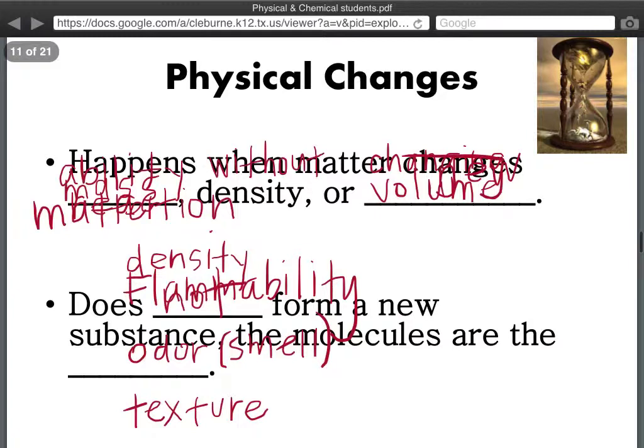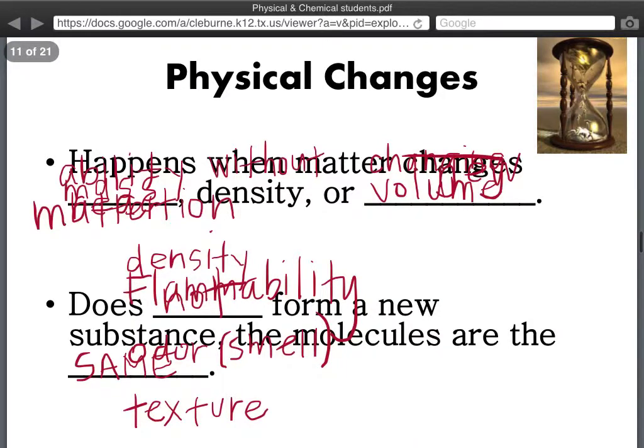The molecules are the same in a physical change. You don't have a new material. It's exactly the same. It just has a little less mass. Its density may be different, or its volume is different. You've torn it in half, and now you only have half of what you had before. It doesn't take up as much space.